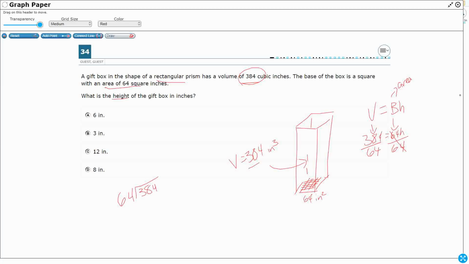If I'm thinking of the first digit here, 6 going into 38, let's try 6. And that's going to be 384, just nice and even. So my answer here is just 6. 6 inches is my height. And my answer is A.